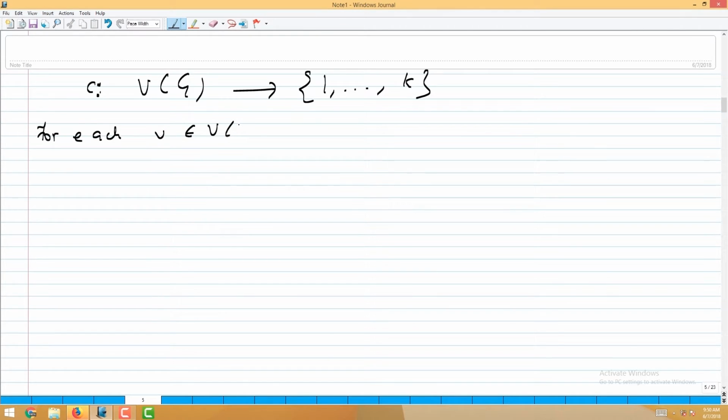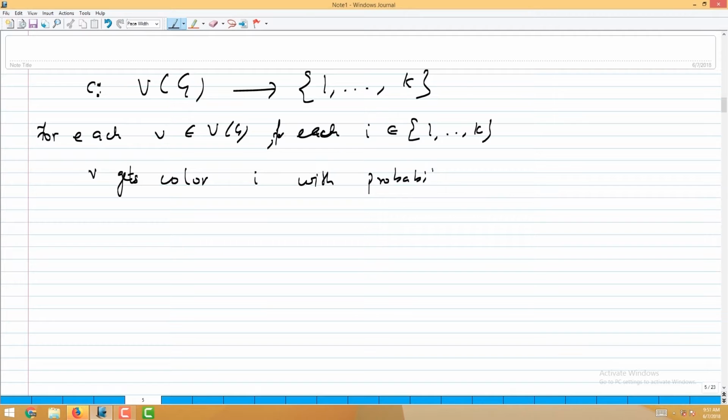For each v in V(G), for each i in 1 to k, v gets color i with probability 1 by k. So this is the experiment that I do, and after the end of this experiment, all the vertices of the graph are colored with some color from 1 to k.